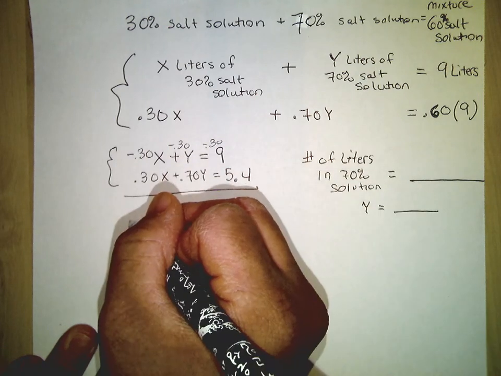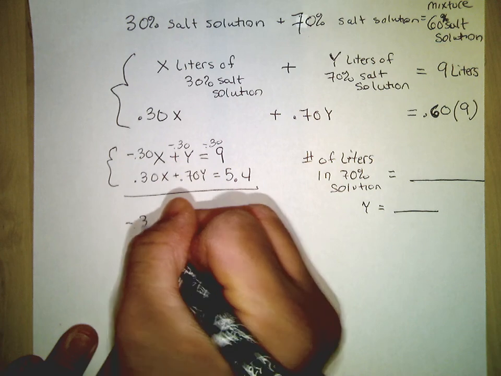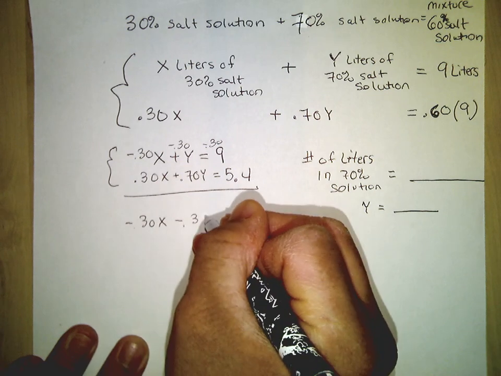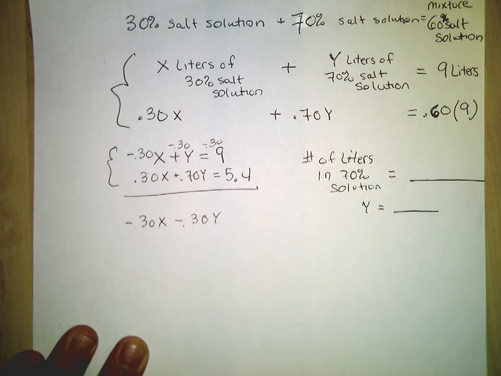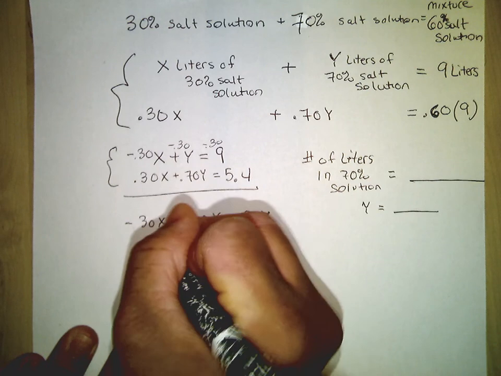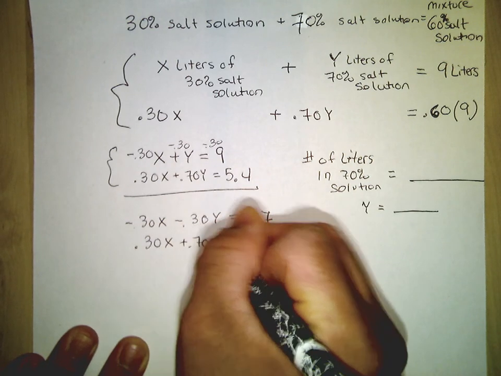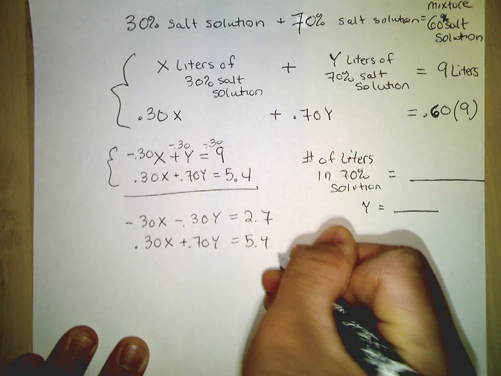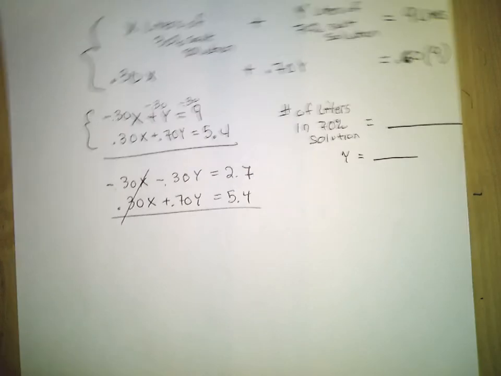So we have negative 0.30x minus 0.30y, and then 0.30 times 9 is 2.7. So 0.30x plus 0.70y is 5.4. The x's zero out now.